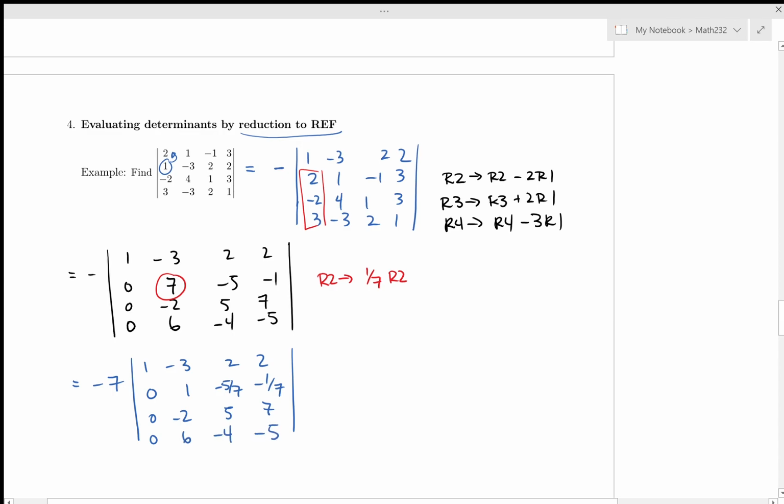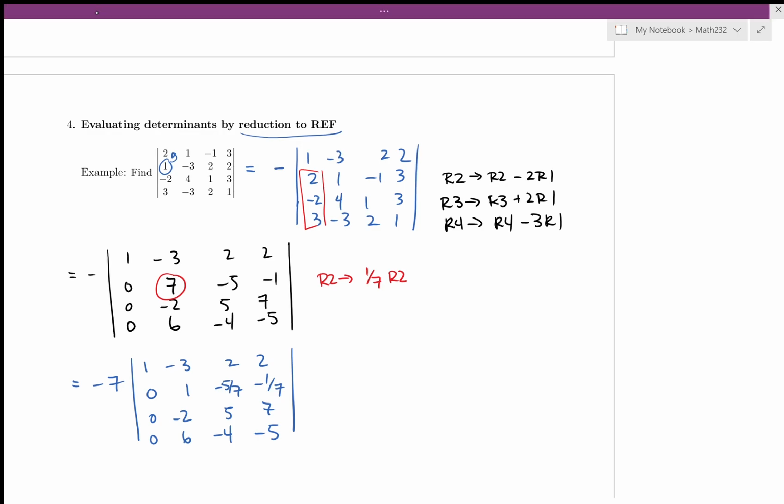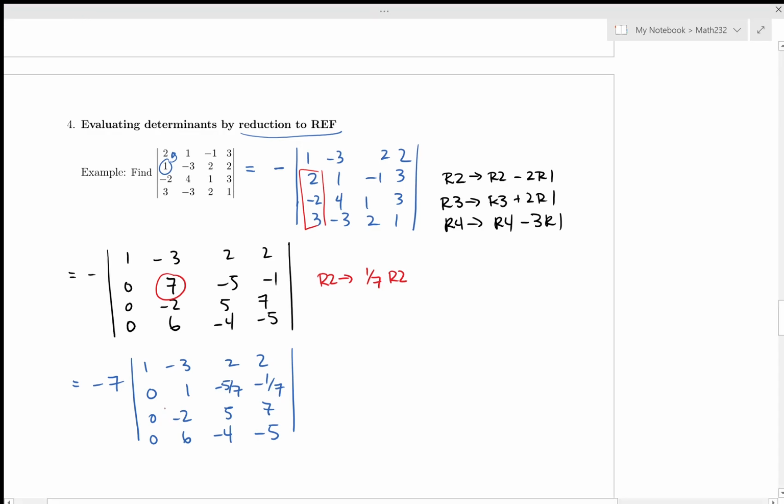Okay, I am now here. All right, so next thing is I need to get the zeros in these two locations here. So I performed the row operations for that. That would be R3 is replaced by R3 plus 2R2, and R4 replaced by R4 minus 6R2.